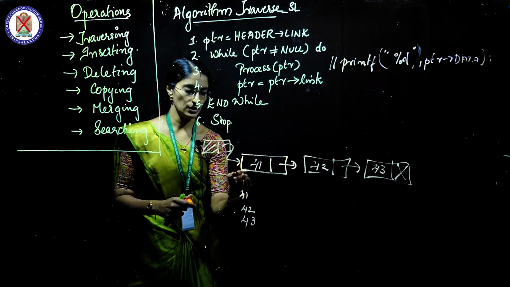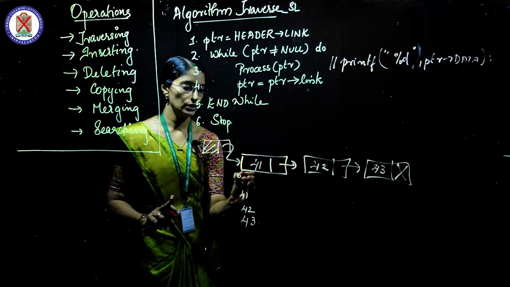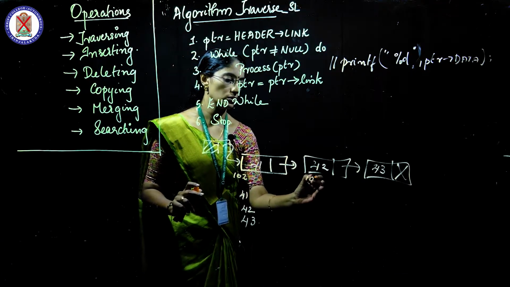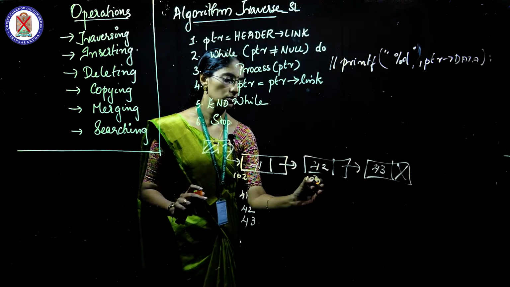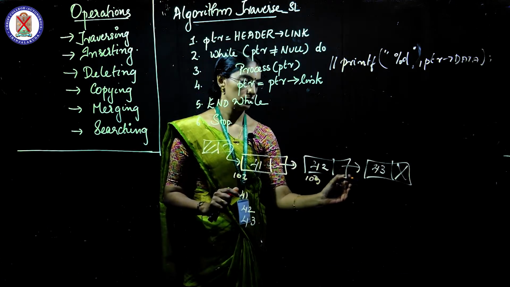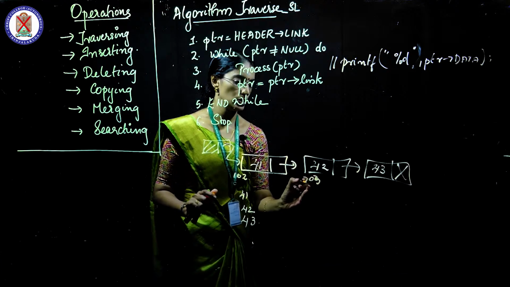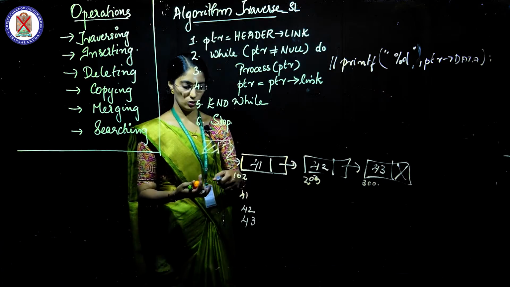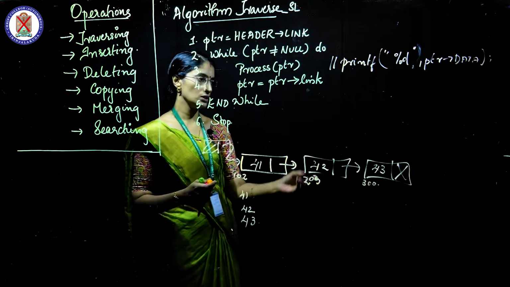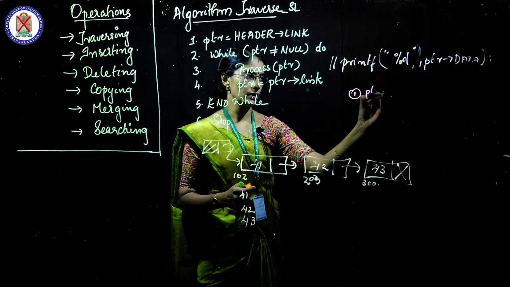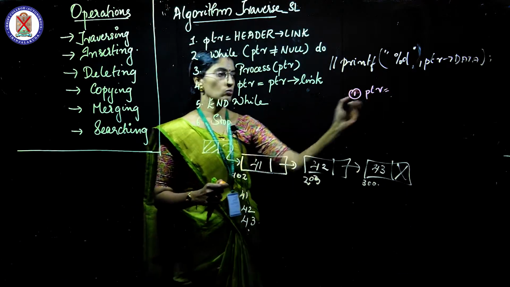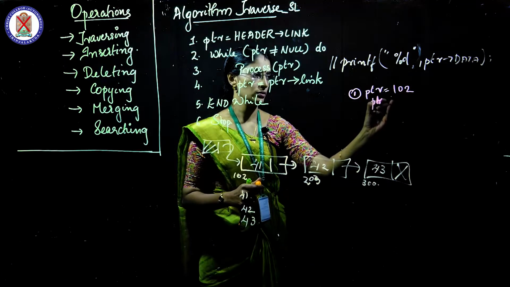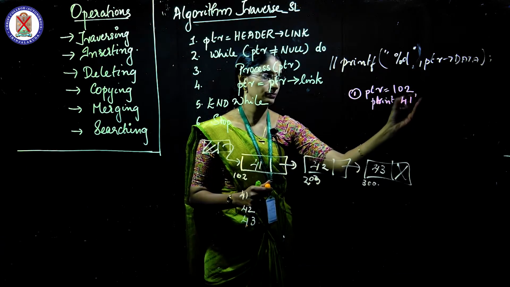Let's do it with an example. Suppose the address of the first node is 102. Address of this is 103. It need not be sequential, let it be 203, and this is 300. So what happens here? When this loop is running for the first time, ptr has the value 102. Then you go to print 41.